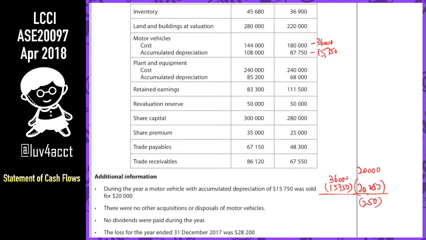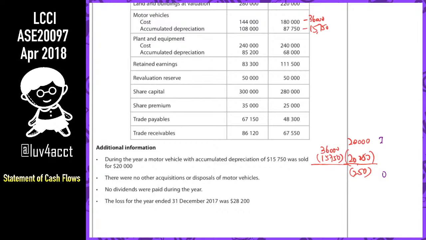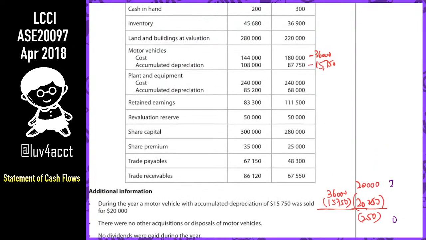Disposal loss in operating activities, investing activities for proceeds. No other purchase or disposal, no other acquisition as well.